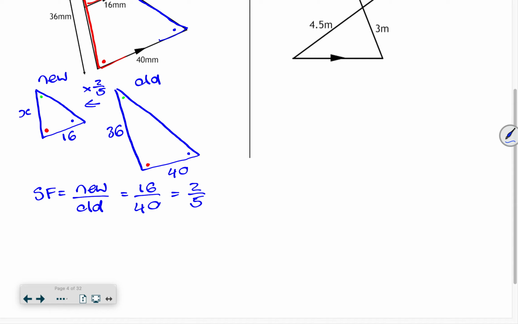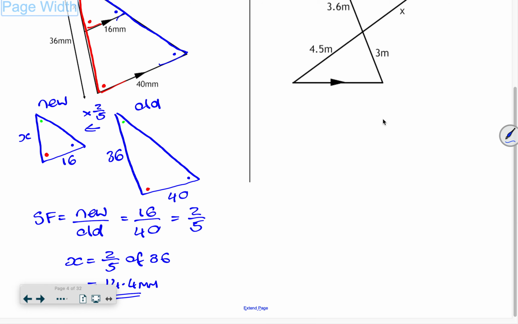So then all I'm going to do is just look at the one that we need to find. So I can say that x is equal to 2/5 of 36, or 2/5 times 36 is the exact same. So multiply it by 36 and we get 14.4. So x is going to be 14.4 millimeters. Okay.